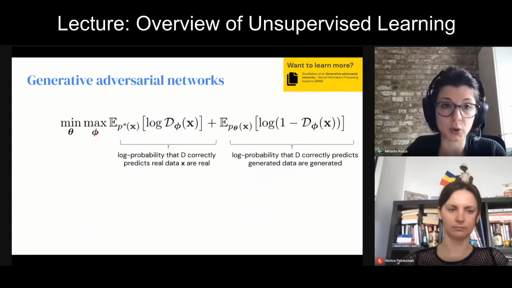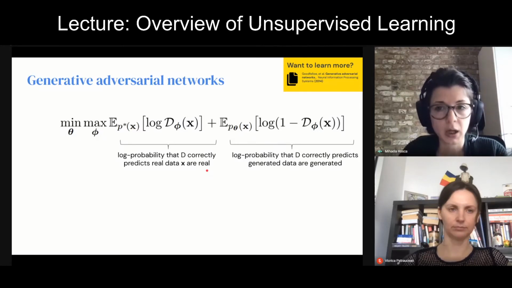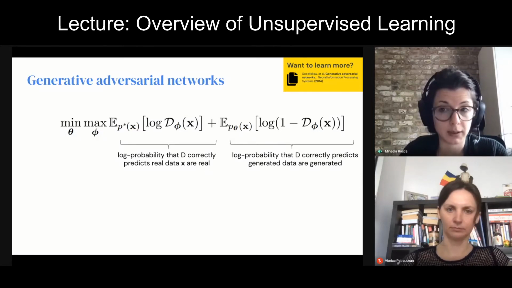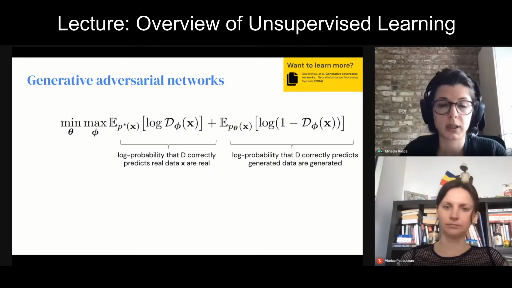Whatever the discriminator gains, so phi are the parameters of the discriminator and theta are the parameters of the generator, whatever the discriminator gains, the generator loses. Great. What the discriminator is trying to do when it is trained is to maximize the probability that it predicts that real data is real, and maximize the probability that it predicts that generated data is generated.